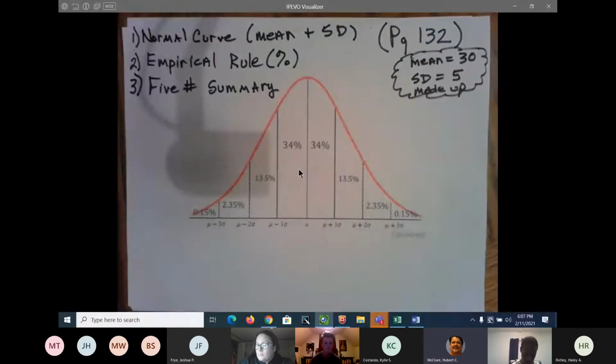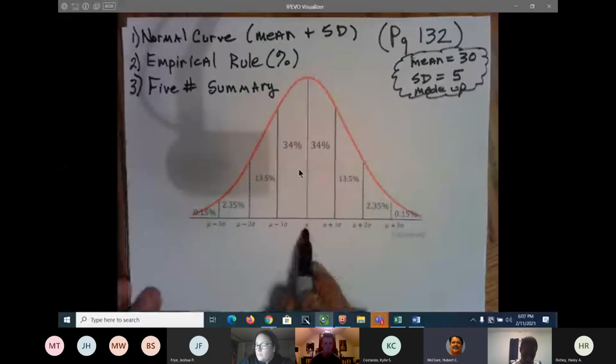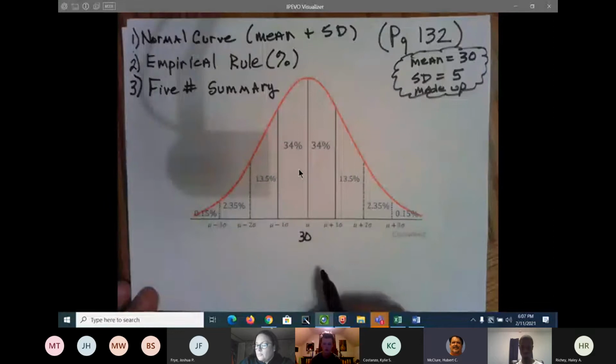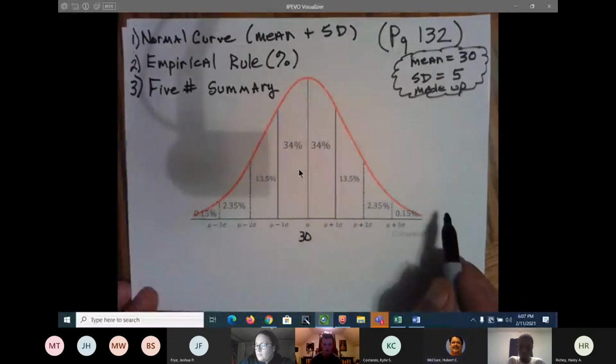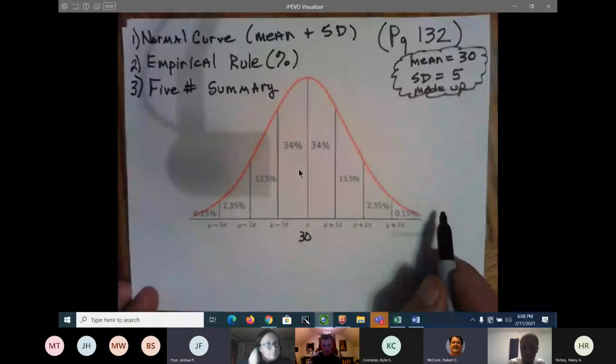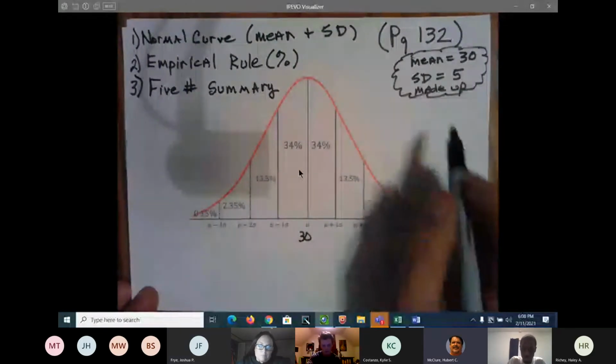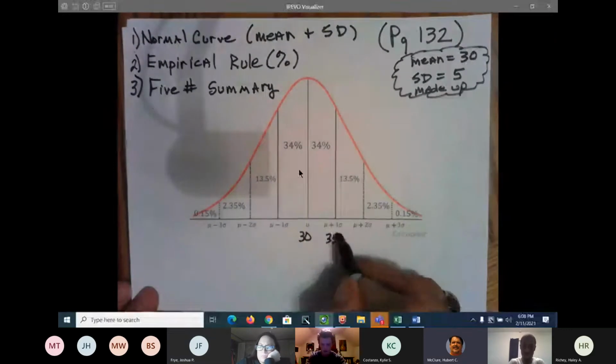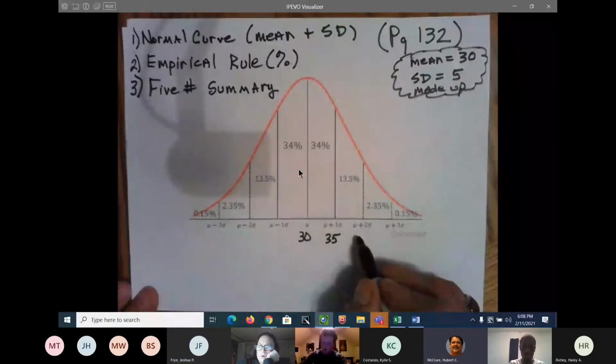Okay, so I'm going to put 30 right here where it says mean. That's mu right there. And then what do we do on the right side of the number line? Do we add or do we subtract? You add. So what's 30 plus 5? 35. What's 35 plus 5? 40.